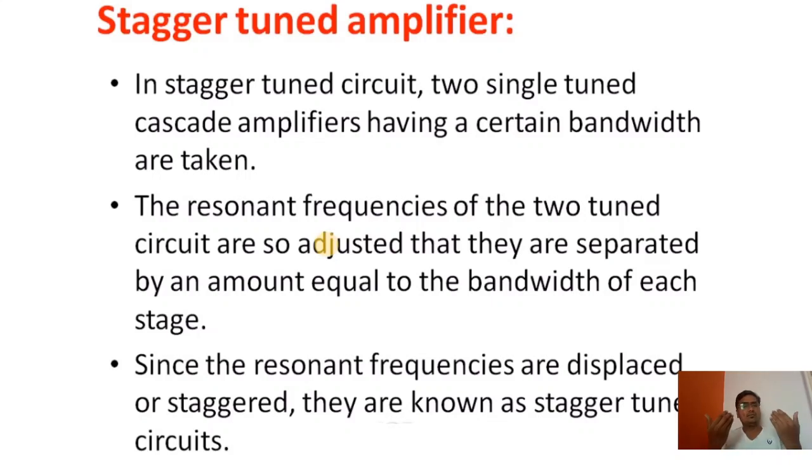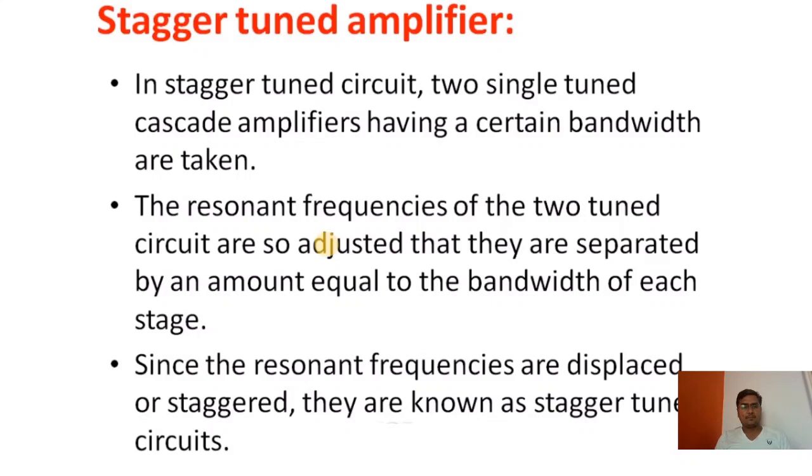Their resonant frequencies are not the same now. The first single tuned amplifier has some resonant frequency, and the second one has a different resonant frequency. The difference between these two resonant frequencies must be equal to the bandwidth.